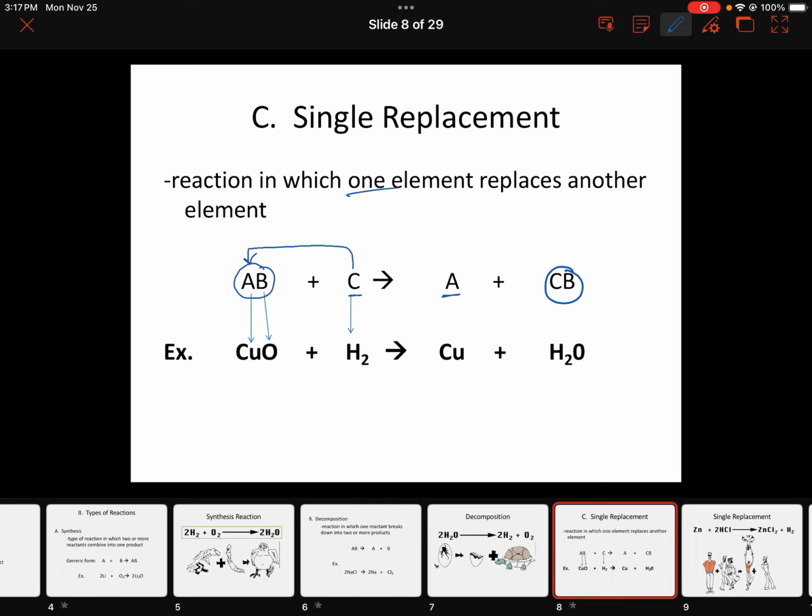And so we look at this one. We have copper oxide plus hydrogen. And now notice the copper is by itself.